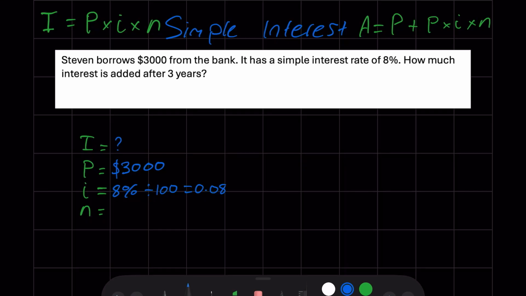Our N value is asking us how many years this is being applied for. If you read the question, it says after 3 years. So N equals 3. So we've got big I, which we don't know, our principal, which is $3,000, our little i of 0.08, and our N value of 3.